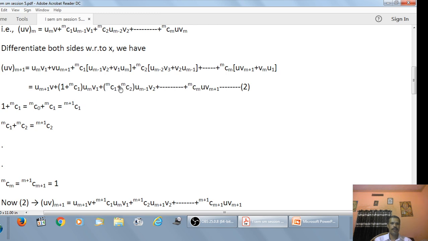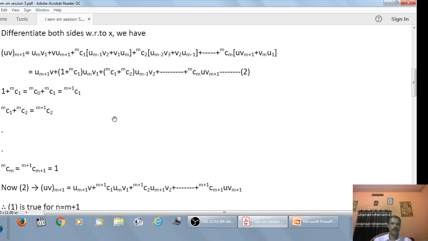Now consider the second combination, mC1 plus mC2, but I have to convert this to m plus 1. Here the superscript is same and the subscripts are successive terms, and therefore the addition is m plus 1 C highest term 2. Now I can put m plus 1 C2 in place of this one.